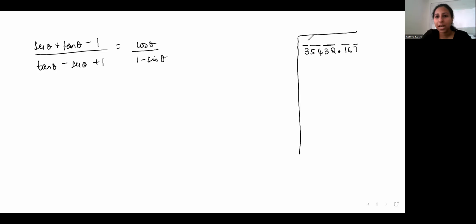Next, I focus on the first part, the first digit here, 3. I need to think which perfect square is less than 3. 1 is the first perfect square which is less than 3. So that's the first step: you identify which perfect square is less than whatever you have paired up first.